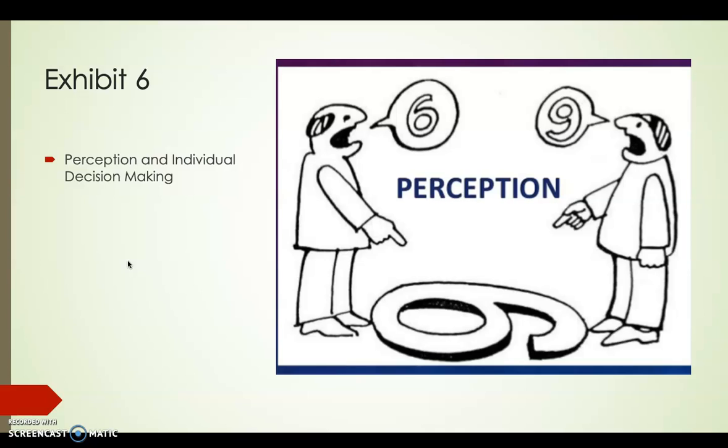Maybe it's even the awareness that a problem exists, and how a person will interpret the solutions to a problem. So as we see here in the exhibit, we have two guys looking at the same number. One guy perceives it to be a 6, and one guy perceives it to be a 9. This is kind of an example of how people perceive something is going to affect their decision.